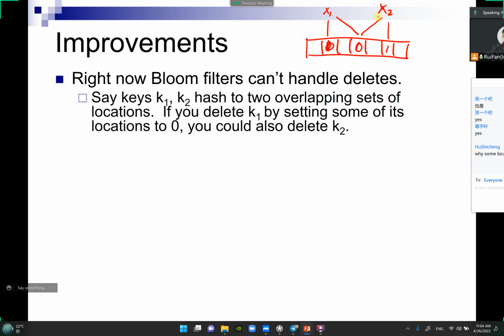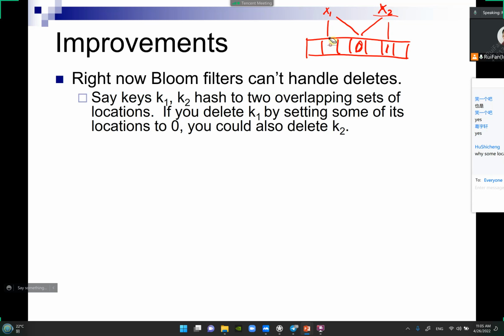Because now if you go check for x2, x2 is going to hash to these locations, over here and also over here, and you see that the left position is actually 0 now. So the Bloom filter is going to think that x2 is not in the set either. That means that by deleting x1, you also possibly deleted some other items if you do things this naive way. So this simple type of delete is not going to work.